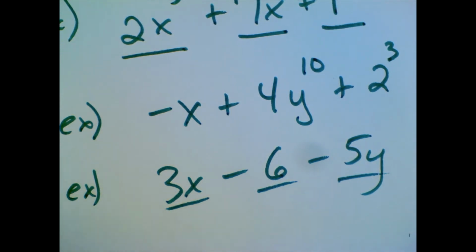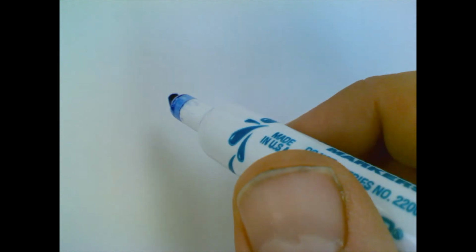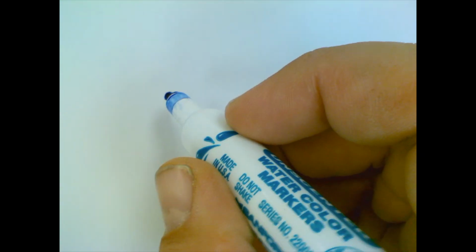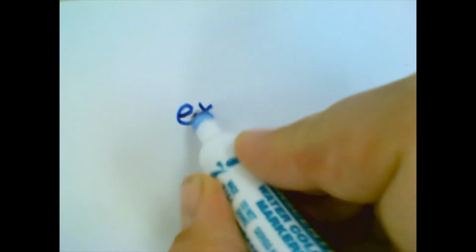Alright, so let's talk a little bit about the parts of a polynomial. So like I said before, polynomials are structures of numbers. And like I said, we'll look at the theory and the structure a little later, but today I just want to get down to the nuts and bolts of what you need to know for the mechanical part of it. So here's an example.